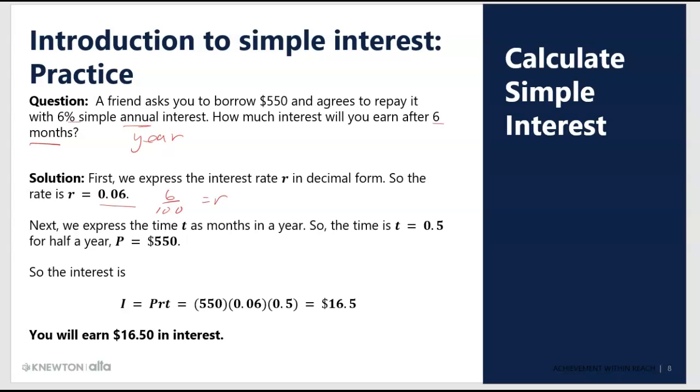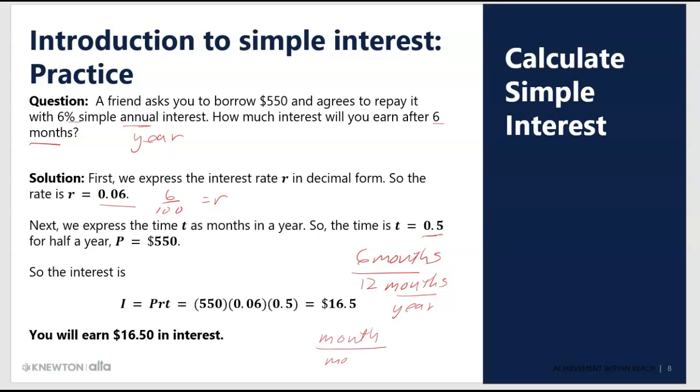The time, here's 0.5. That's because it's 6 months divided by 12 months per year. And if you learn some dimensional analysis in some other class, maybe another math class or science class, what you learn is you can work with the units.